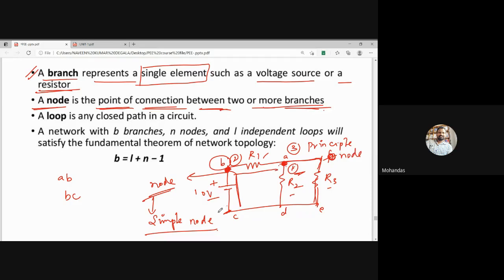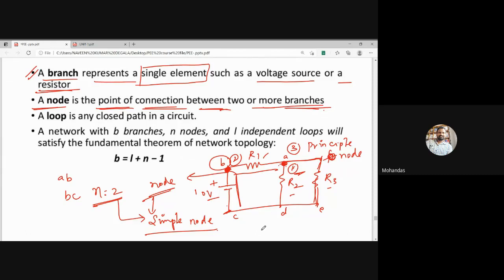What is the difference? I will use these definitions later. Simple node means, the node is represented by n. If n equals 2, the number of branches connected at a point is equal to 2, and that node is known as a simple node.